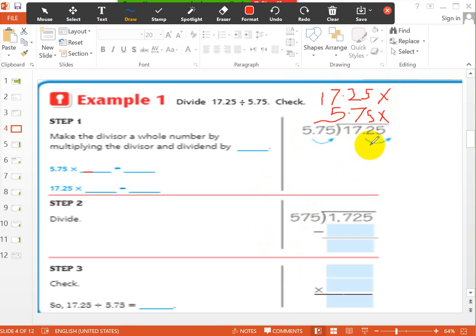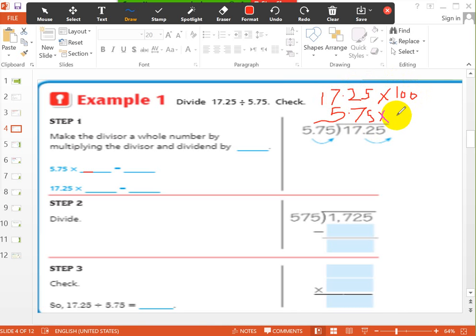Now how will I multiply it, or what is the power of 10 that I will use to divide those numbers? I look: I have 2 digits after the point, and here I have 2 digits after the point. So I will use the second power of 10, which is here 100.